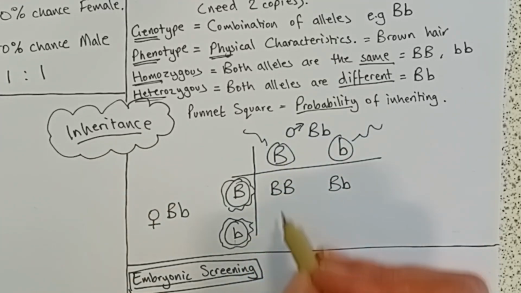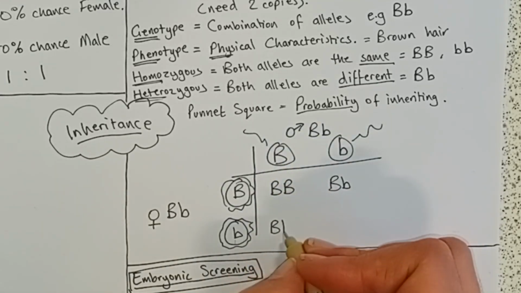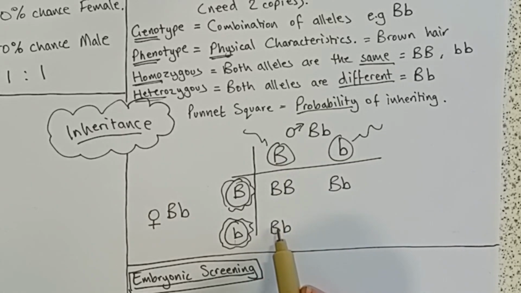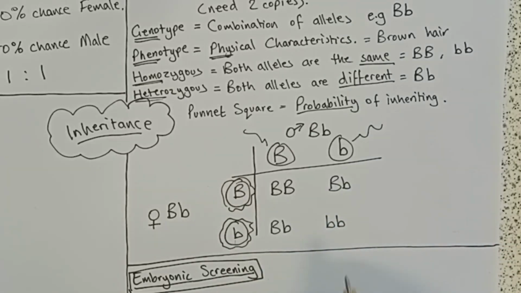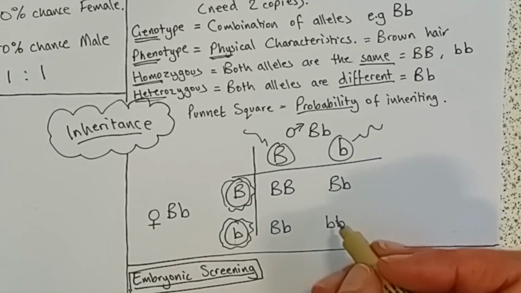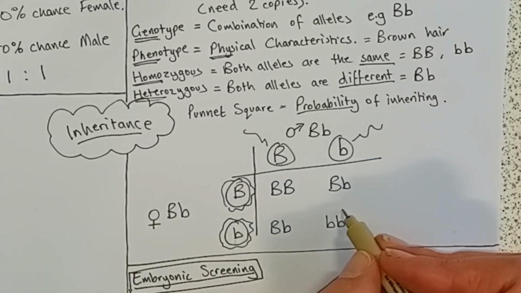If this egg is fertilized by this sperm, again, they will get 1 dominant allele from the dad, 1 recessive allele from the mum, so they will be heterozygous, but they will still have brown hair. However, if this egg is fertilized by this sperm, then this offspring will have 2 recessive alleles. They'll be homozygous recessive, which means they will have blonde hair.